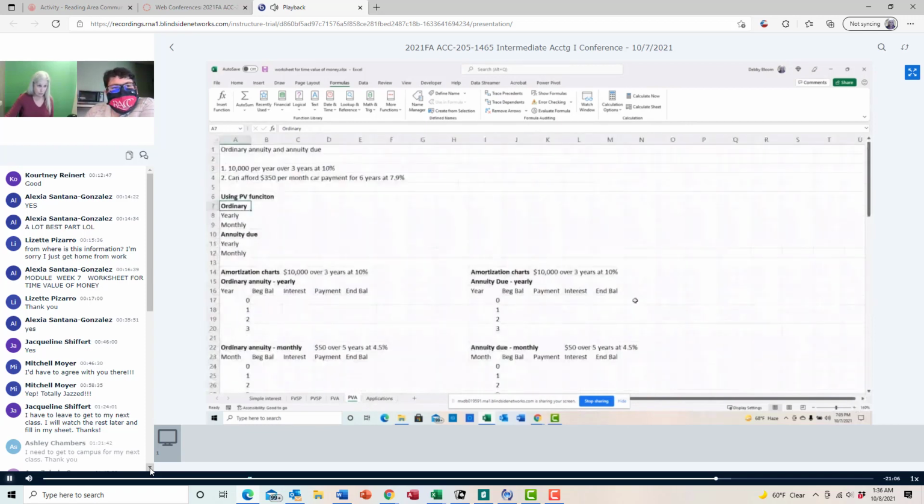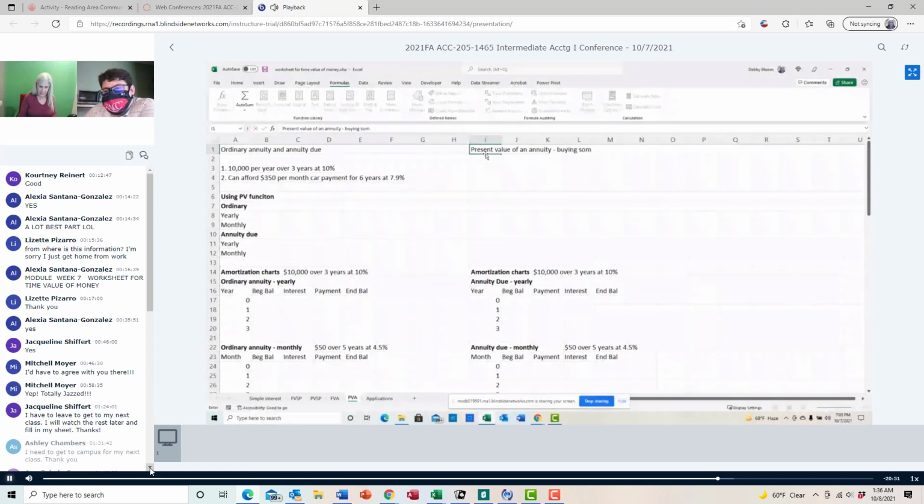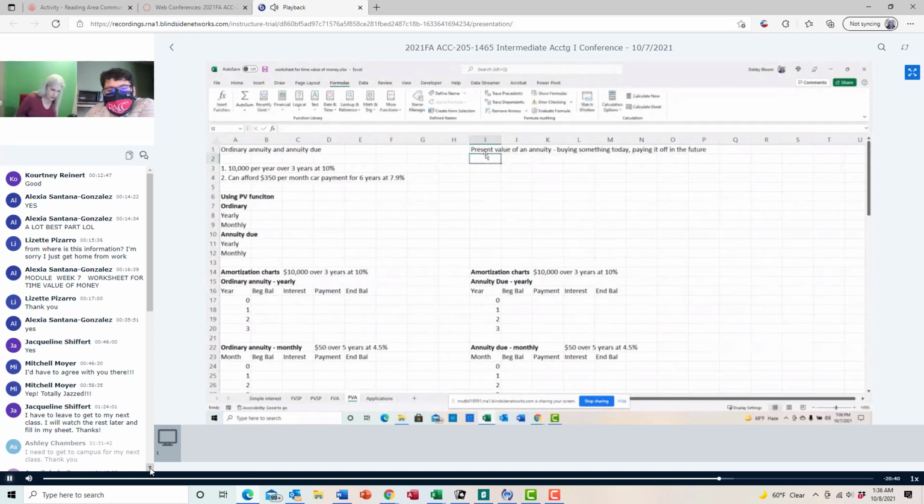With the present value of an annuity, what you're doing is you're buying something today, and then you are paying it off in the future. Okay, so I'm running out of time, so I want to keep the explanations as short as possible.